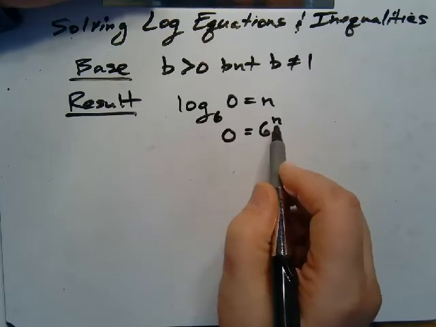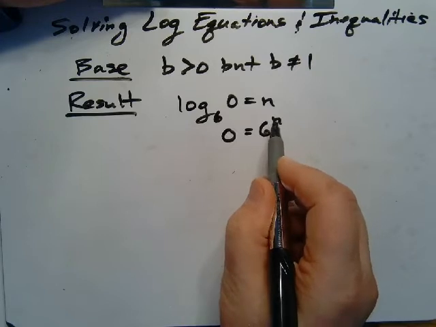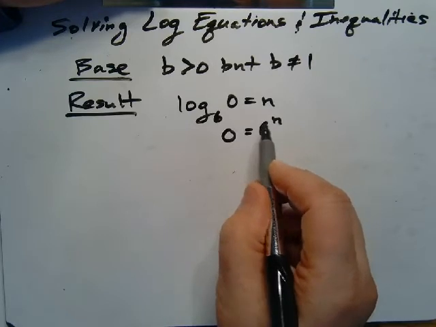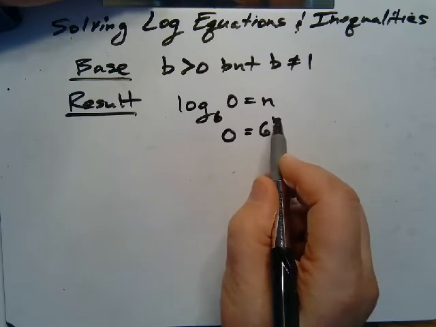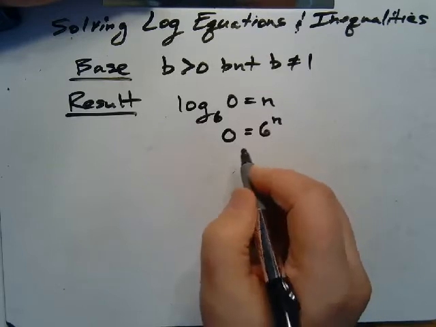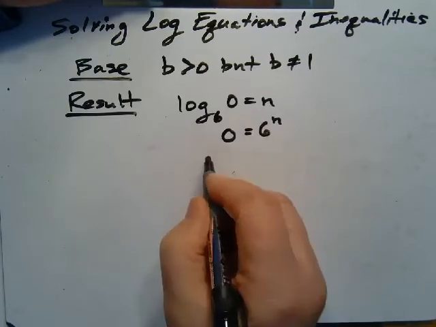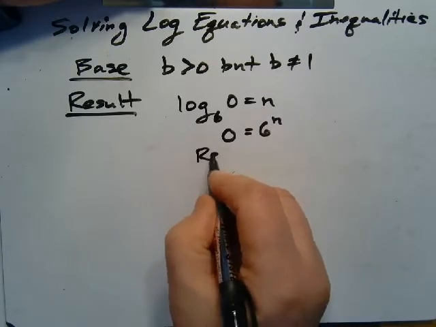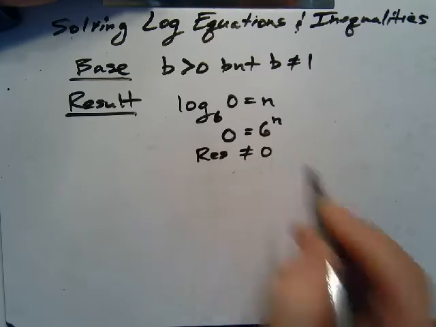It won't happen. You put a number in there that's positive, a negative, or a fraction. Whatever you put in here, even if you put 0, 6 to the 0 power is still 1. So nothing will give us this. So this is not possible. There's a restriction where the result cannot be equal to 0.